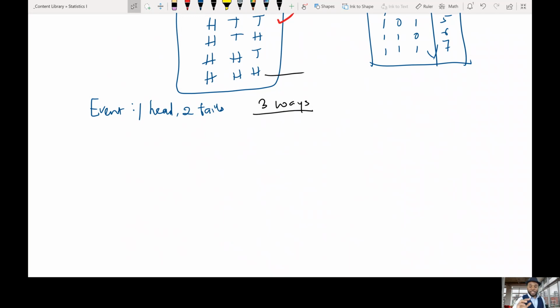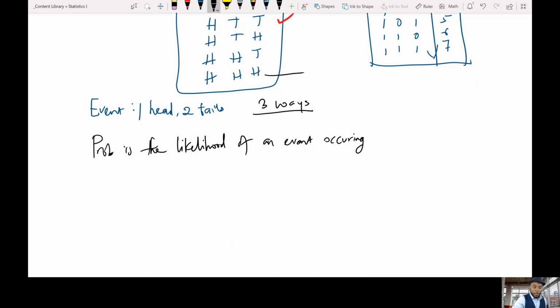So apart from chance, I like using the word likelihood as well. So probability is the likelihood of an event occurring.